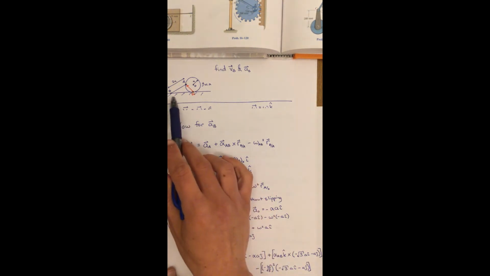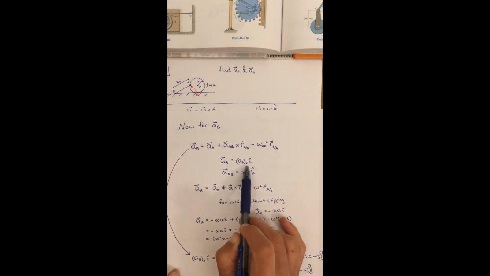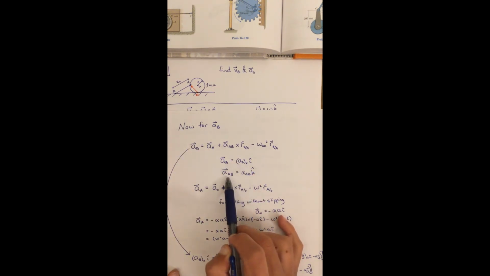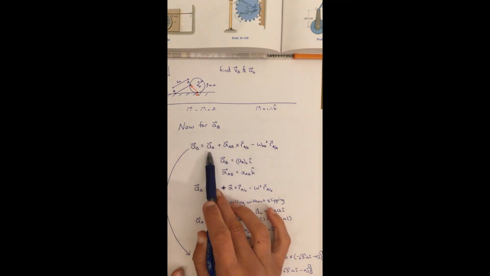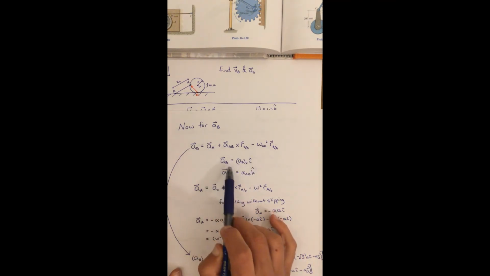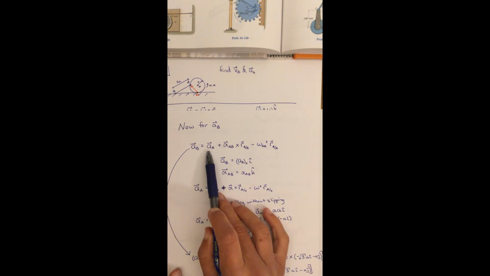Point B is staying on the surface, so that acceleration must just have an x component. The angular acceleration of AB must be either in the positive k hat direction or the negative k hat direction. I also need acceleration A. I don't know this, and I don't know this, so that's already two unknowns, so I'm going to have to find the acceleration of A.